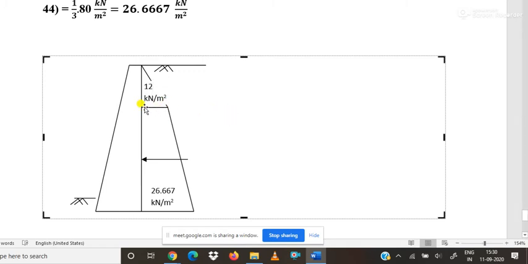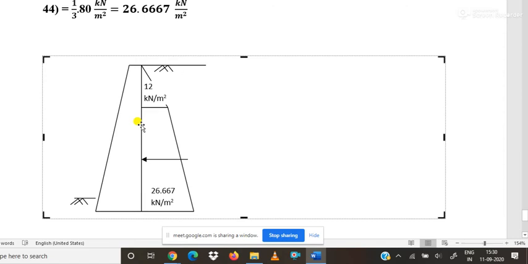At the depth of 2 meter, the active pressure is 12 kN per meter square. At a depth of 6 meter, the value is 26.667 kN per meter square. Okay, this is the pressure diagram.